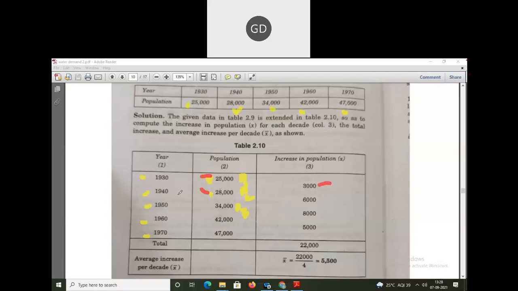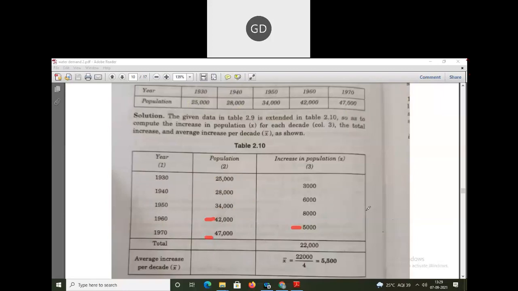Clear? Then for the next decade, between 1940 and 1950, to find the increase in population you subtract 34,000 minus 28,000, so you get 6,000. Then between 1950 and 1960, it is 42,000 minus 34,000, that is 8,000. Similarly, between 1960 and 1970, you subtract 47,000 minus 42,000, so you get 5,000.